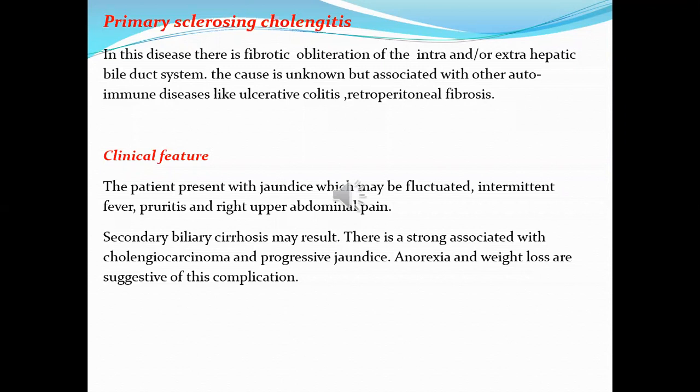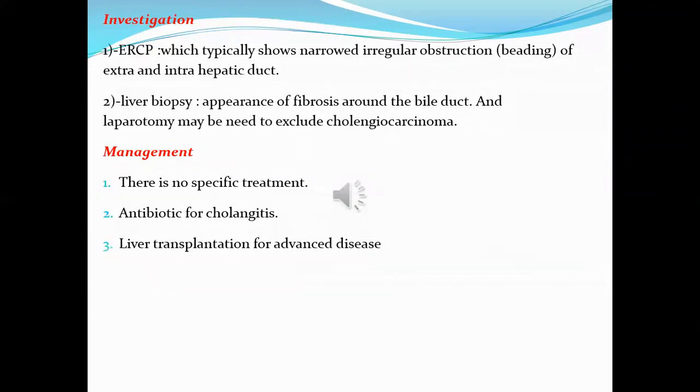Always in primary sclerosing cholangitis there is a high incidence of cholangiocarcinoma. How do we expect cholangiocarcinoma has occurred? When the patient develops deep jaundice, rapid weight loss, and loss of appetite, that means the patient is complicated with cholangiocarcinoma. How to investigate primary sclerosing cholangitis?